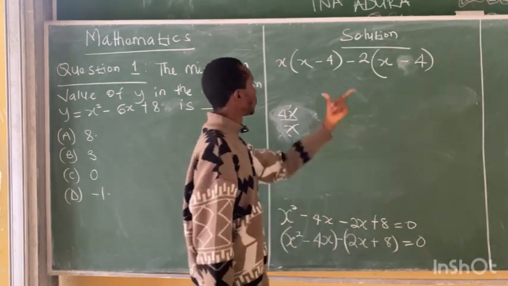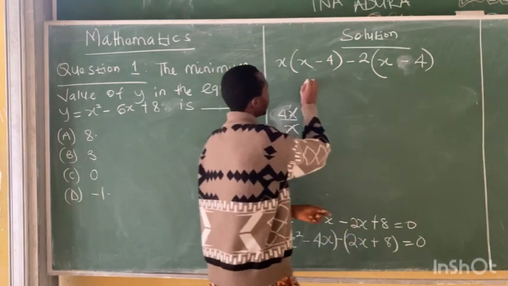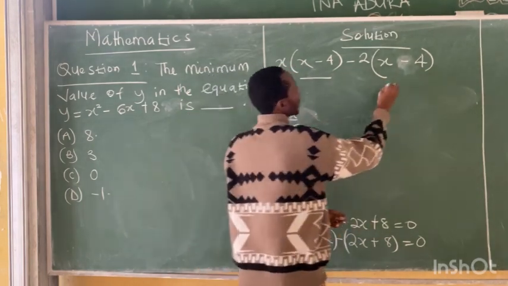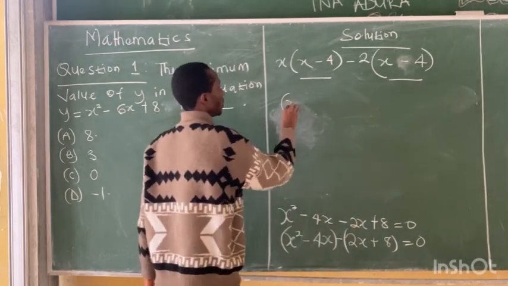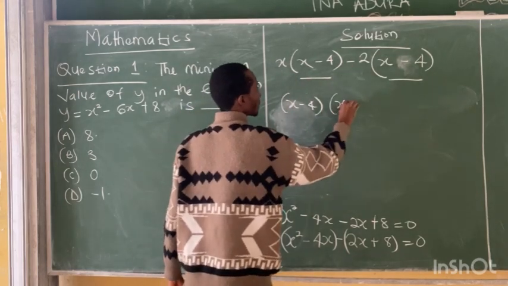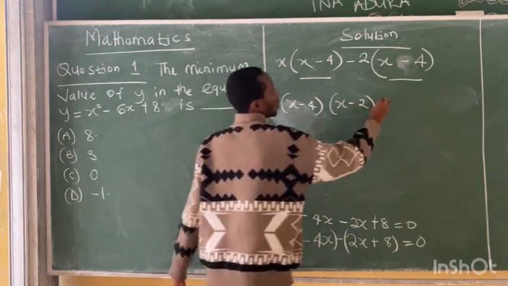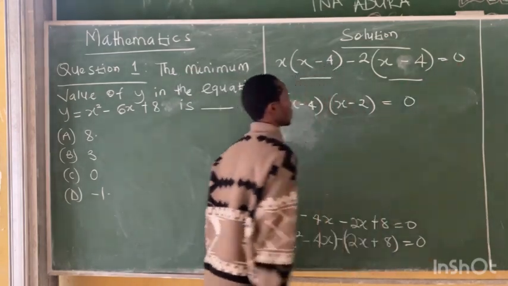Now if you observe, what we have in this bracket is the same as what we have in this bracket: x minus 4, x minus 4. So we pick one. We have x minus 4, then what we have outside the bracket, which is x minus 2, equals 0.